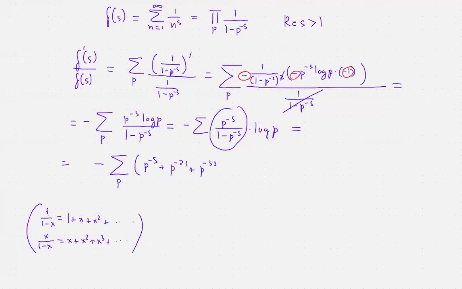So what appears here, and this is the little miracle that shows how useful the von Mangoldt function is, is that if you think about what we get here, we get all prime powers for all prime numbers.